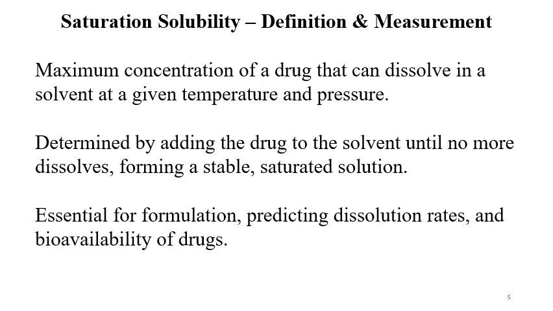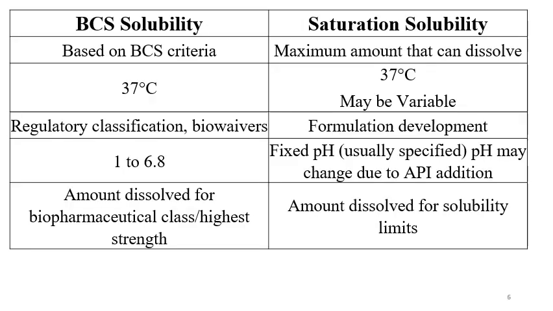Saturation solubility is essential for formulation, for predicting the dissolution rates and bioavailability of the drugs. Now you can have a look at the differences. BCS solubility is based on the BCS criteria. Saturation solubility is the maximum amount that can dissolve in the solvent. Generally, the temperature of the BCS solubility study is kept at 37 degrees Celsius.